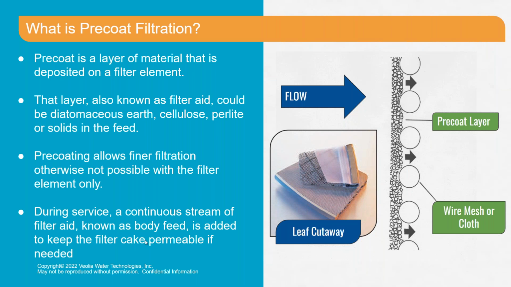This is usually added to keep the filter cake permeable and to have a longer runtime. Typically, if you do need to add body feed, we'll add it in a 1-to-1 ratio to start with, which is 1 ppm body feed to 1 ppm solids in the solution.